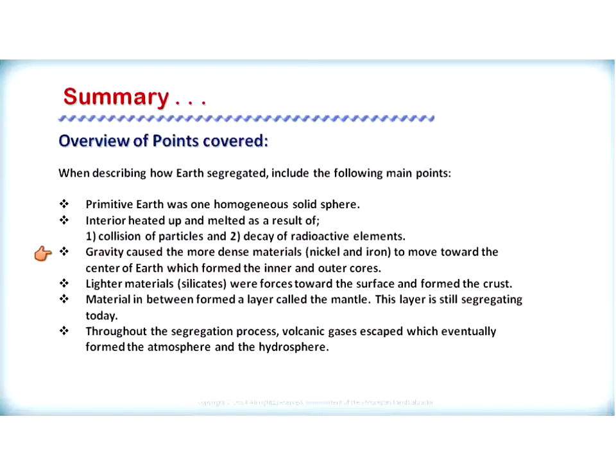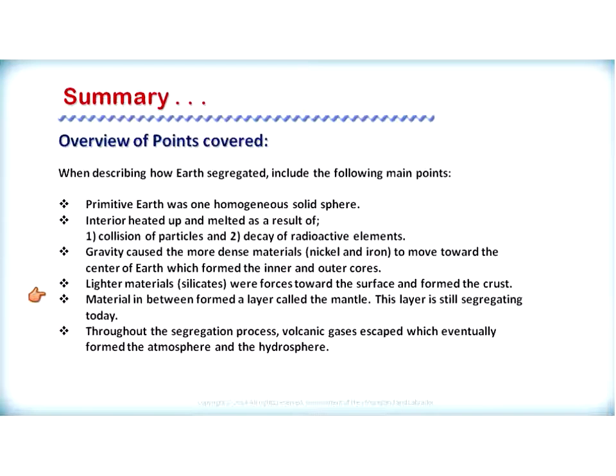Point 3, gravity caused the more dense materials such as nickel and iron to move towards the center of the Earth, which formed the inner and outer cores. In doing so, the lighter materials, such as silicates, were forced toward the surface, which formed the crust.